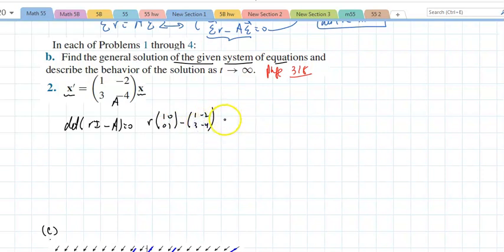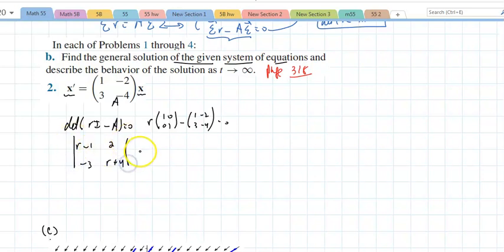You must have done that over and over. I want that to equal 0, which means the determinant of the matrix with entries r minus 1, 2, negative 3, and r plus 4.